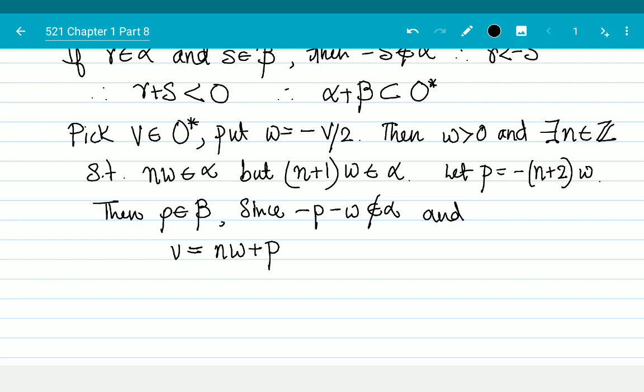right? Because if you solve for it, v is equal to negative 2w, which belongs to alpha plus beta.